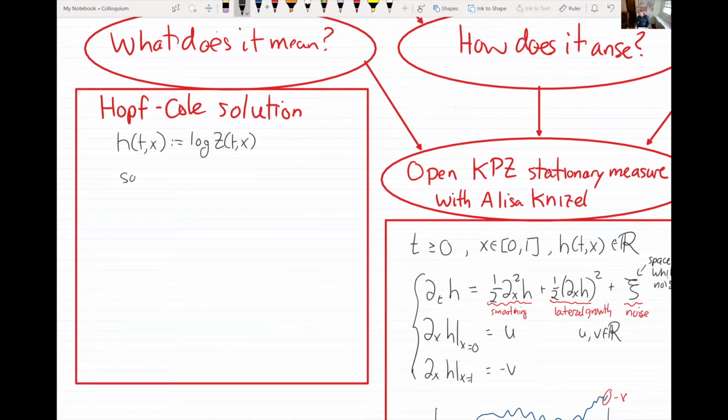So the stochastic heat equation is another stochastic PDE.